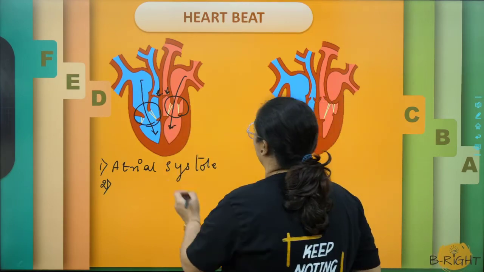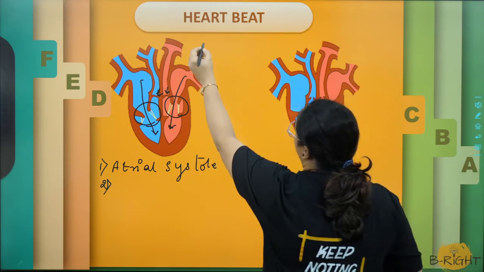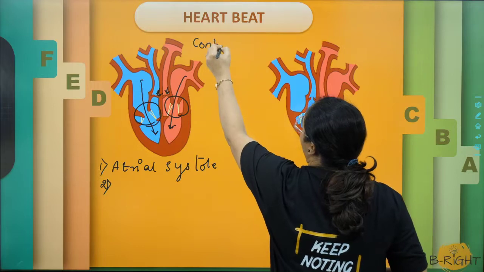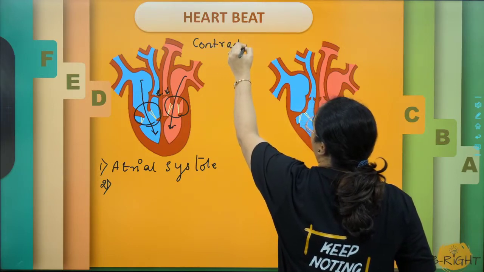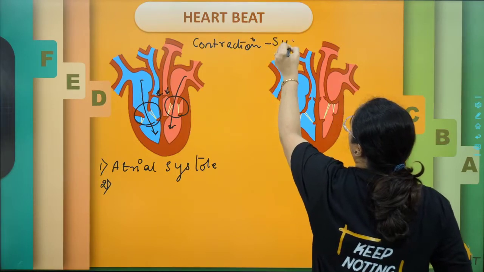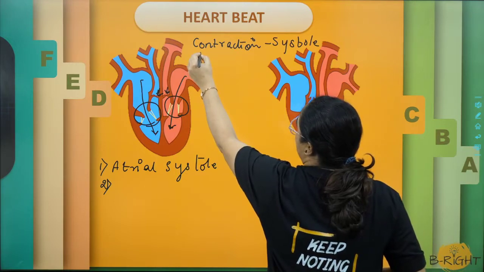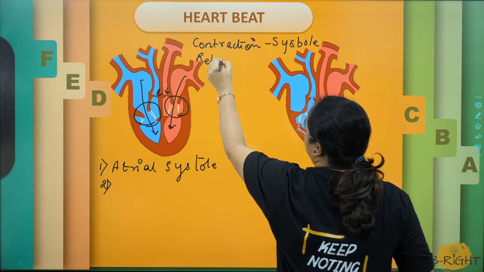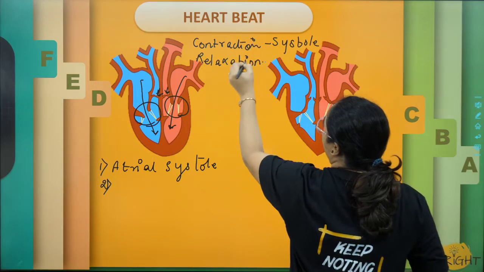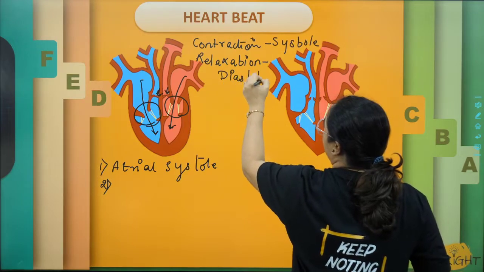मैंने आपको एक और shortcut भी बताया था जो मैं अब यहाँ पे लिख दूंगी. That is, okay, I am writing down over here in the center. Contraction को we call it as systole, okay, and relaxation को we call it as diastole, right?